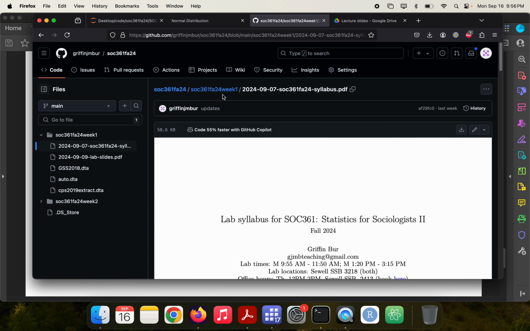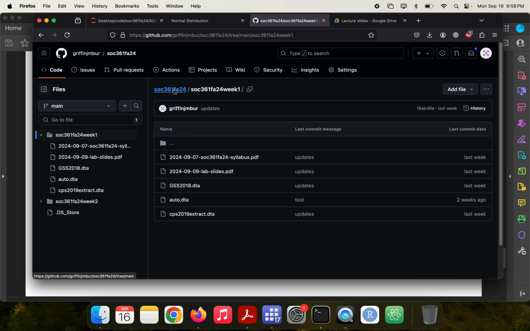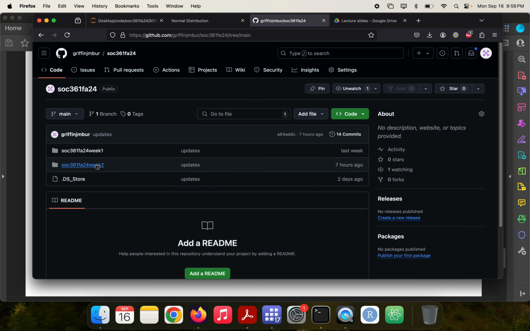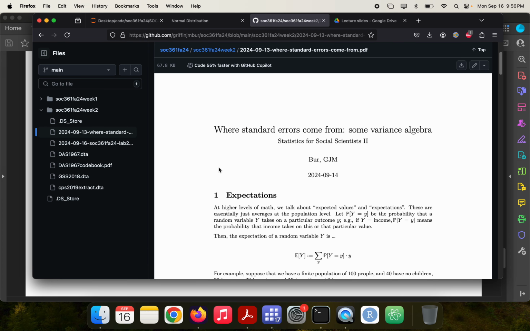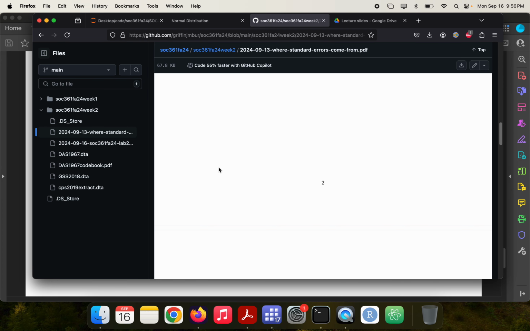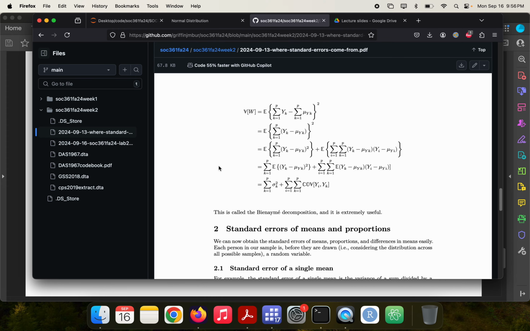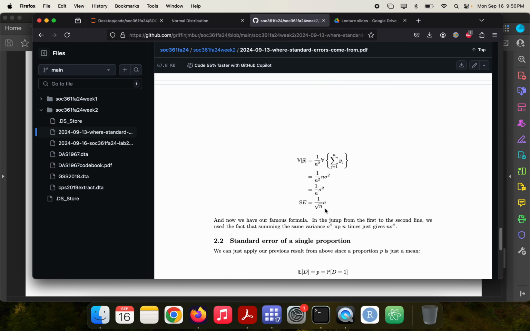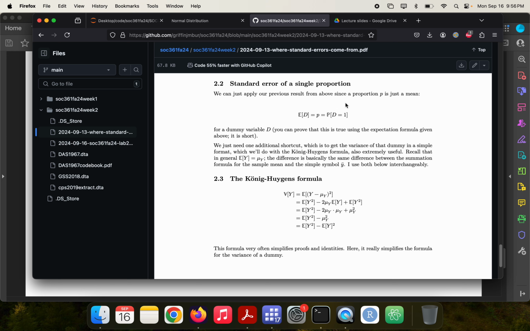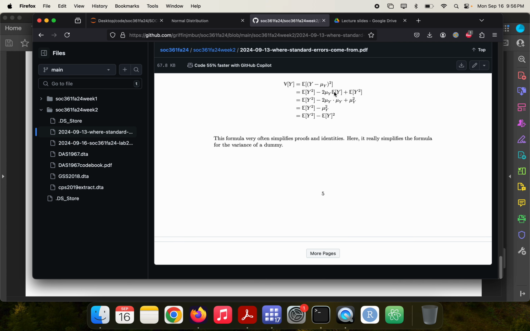If you want to see a full justification, you can go to my GitHub. This is probably pushing the limit for most people, but you can check out this little document I wrote, based on how I teach 360, where I justify all of these things. For instance, I justify how we get the standard error formula, why that works for a proportion, et cetera.